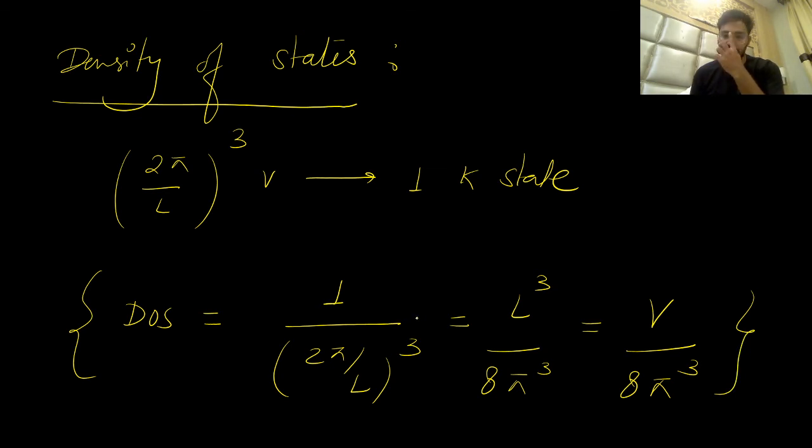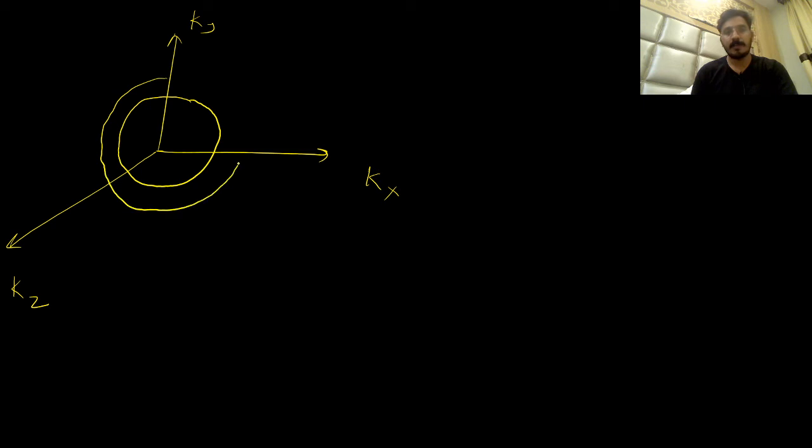Now we know that we are interested in k space, so I'm drawing the k space again. This is kx, this is ky, this is kz. Let's assume a sphere here. I'm interested in finding the number of states available between k and k plus dk.